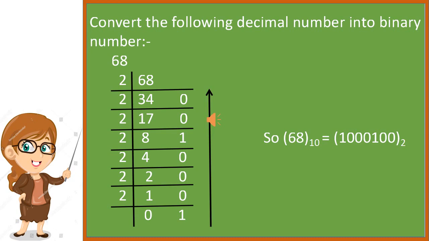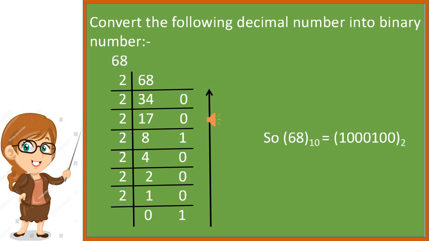So we will divide 8 again by 2, then the quotient will be 4 and remainder will be 0. Again we will divide 4 by 2, then quotient will be 2 and remainder will be 0. Again dividing it by 2, we will get quotient 1 and remainder 0. Again dividing it by 2, we will get quotient 0 and remainder 1. Now the quotient is 0, so we will stop the division process now.